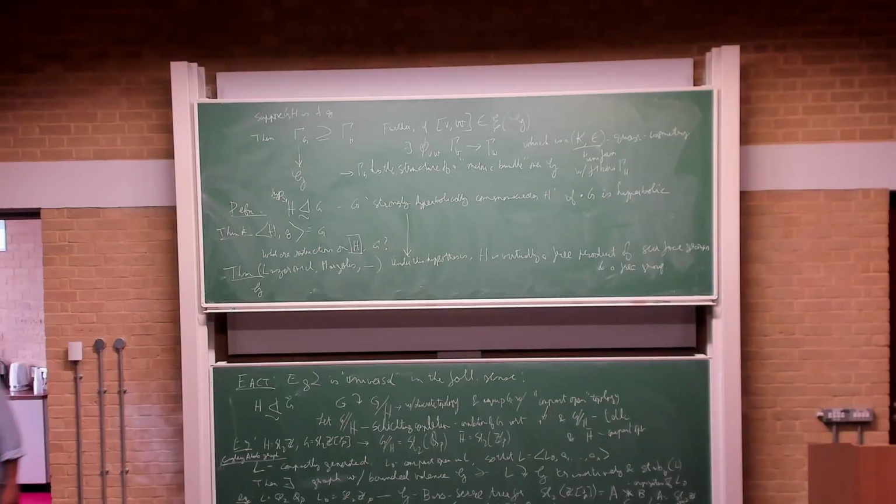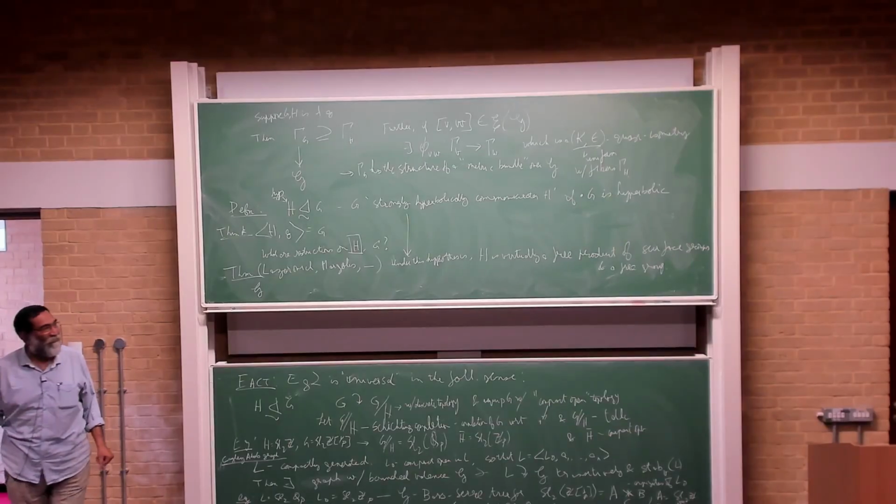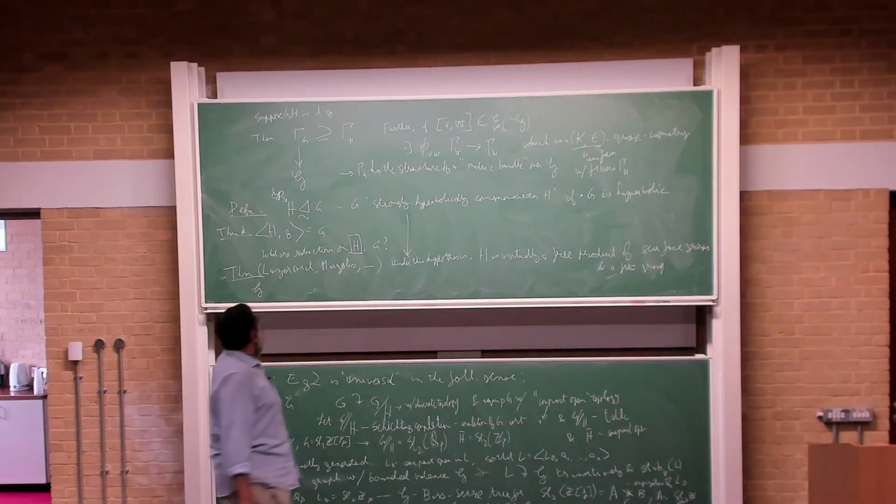Other examples. Yes. I'll come to that. And thank you very much for that question. I was about to miss that in my head. Yes. So there are examples. All right.